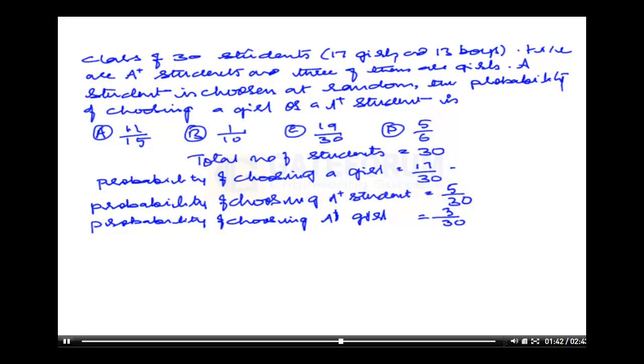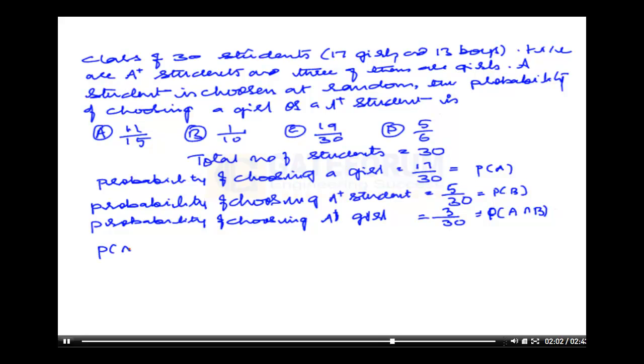So here I can take choosing a girl as P(A) and choosing an A plus student as P(B), and this should be the probability of A intersection B, that means both a girl and an A plus student.